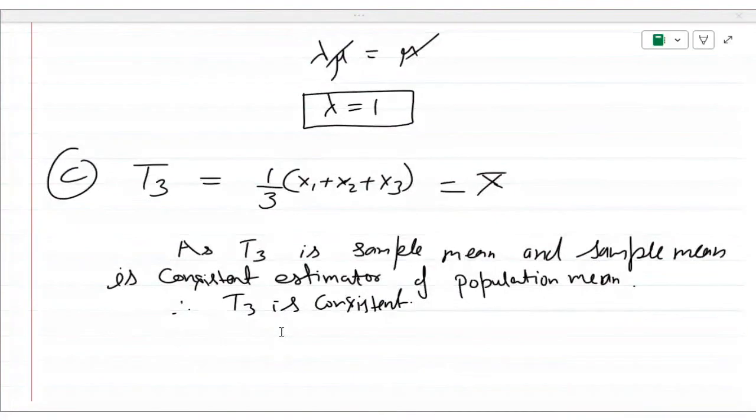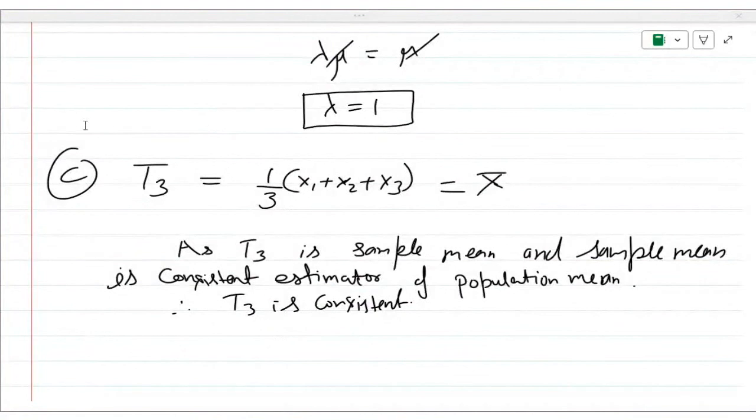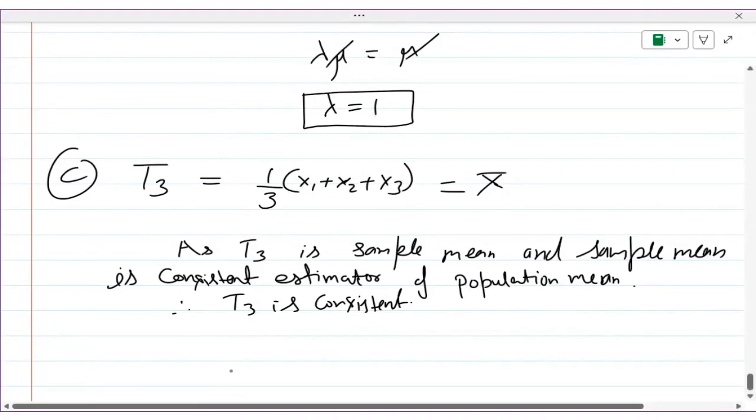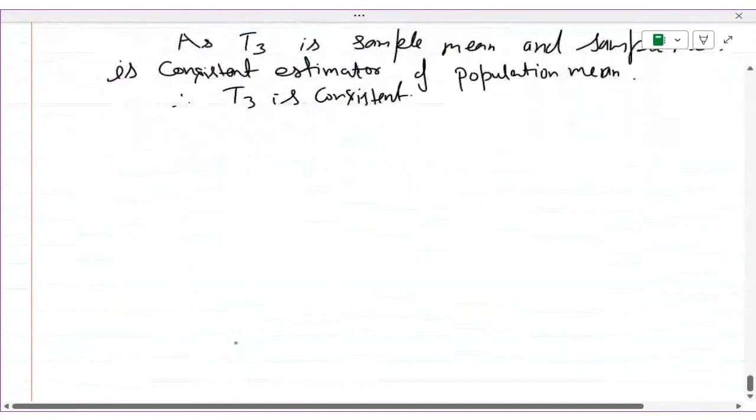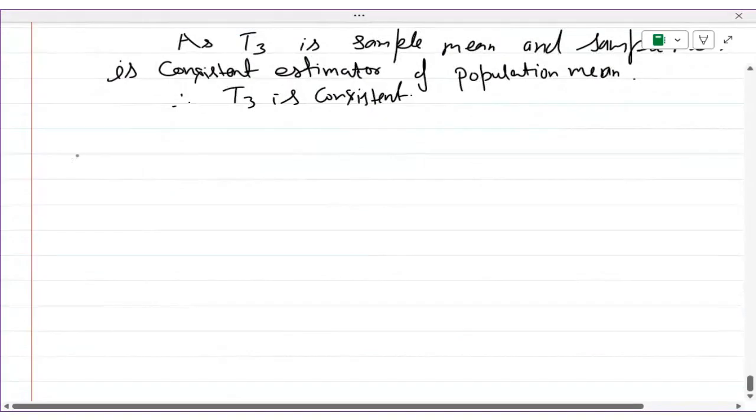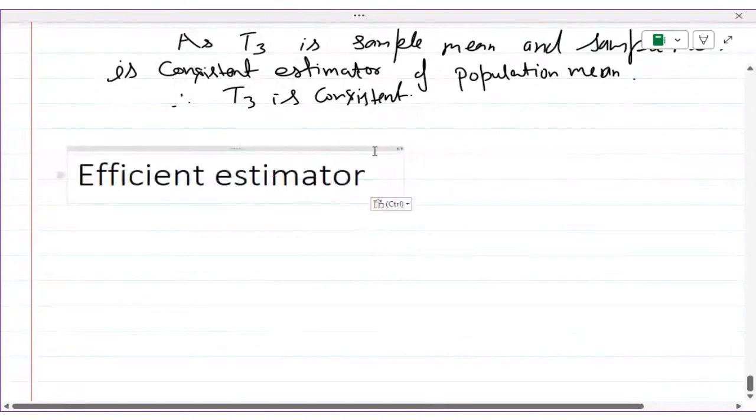Okay, so next we will move to the next topic. That is what is the meaning of efficient estimator. Okay. So now the two things are remaining from the unit number 5. One is the meaning of efficient estimator, and second is the maximum likelihood estimator.